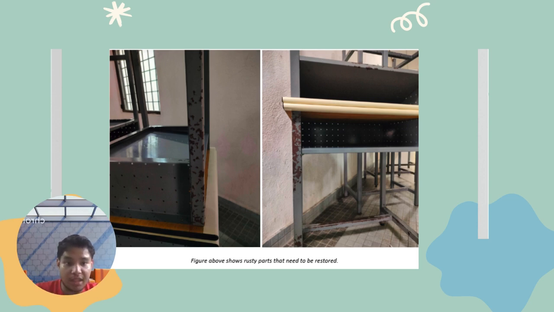So after we did the analysis, we know how much paint we need and also how much undercoat paint is needed, and we can proceed to do it based on our budget as well.